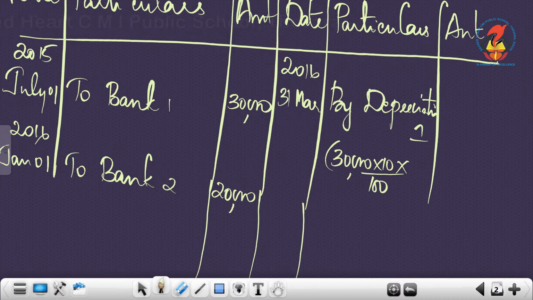Here we are purchasing on July 1st. So for how many months we will calculate? Starting from July 1st ending on 31st of March. So start counting, you have to count from July. So July, August, September, October, November, December, January, February, March. So that is for 9 months. We are calculating this for 9 months. So depreciation 1, it is 2,250.